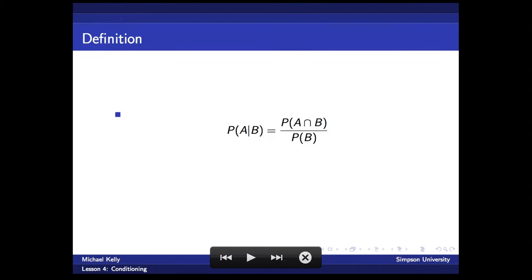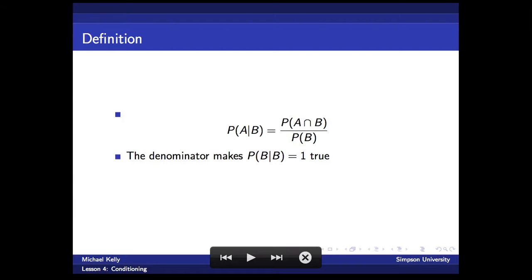And so the formula that's going to satisfy this is the probability of A given B is defined to be the probability of A intersect B over the probability of B. This agrees with our first intuition because the probability of B given B equals 1 will be true.